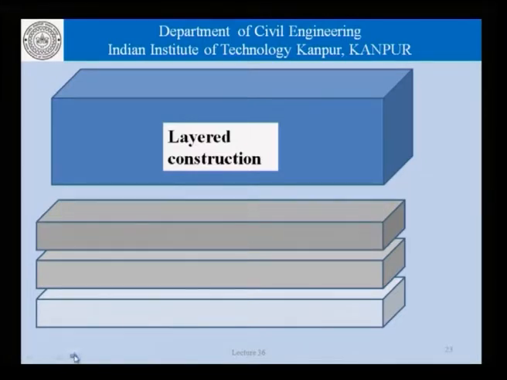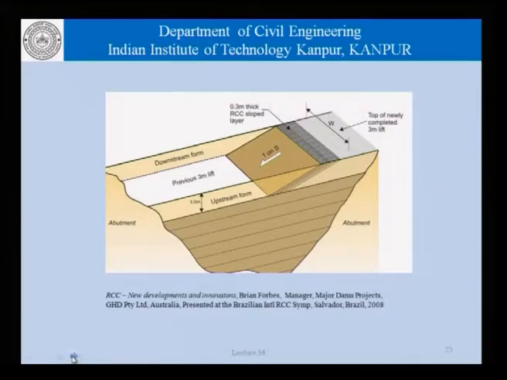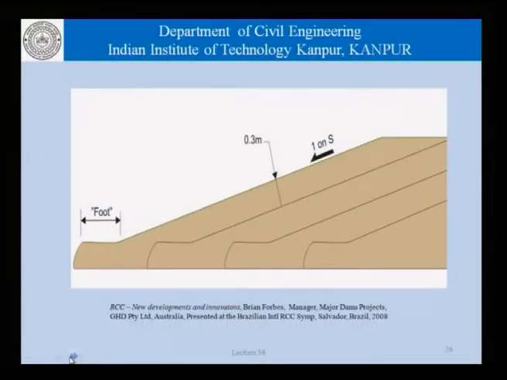So, now an interesting innovation beyond this point is a construction of this nature, where instead of the layers being truly horizontal, somebody comes up with the idea that let us cast concrete which is also having a slope. So, the layers are not truly horizontal, but we try to construct layers of this geometry. Now, this speeds up the construction quite a lot, as was reported in this paper.